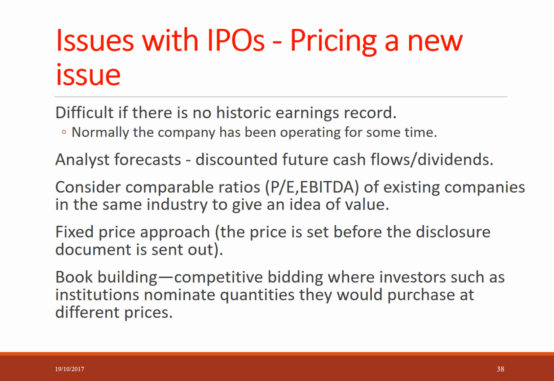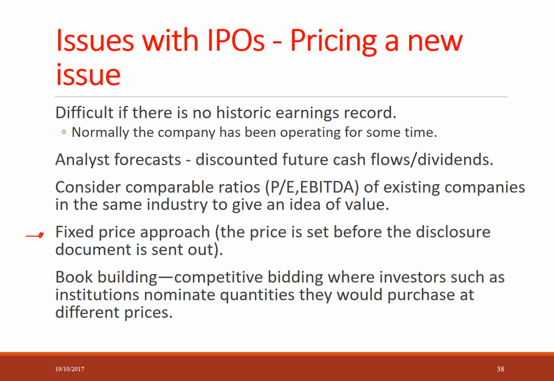With IPOs, as we mentioned before, it's the first time the firm goes public, and therefore there's no historical information available to the public. So the issue here is, how do we value this firm correctly given the lack of information? Going through the IPO process, the firm could choose two pricing methods.